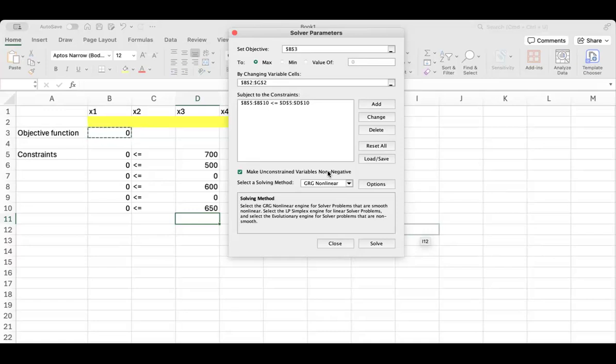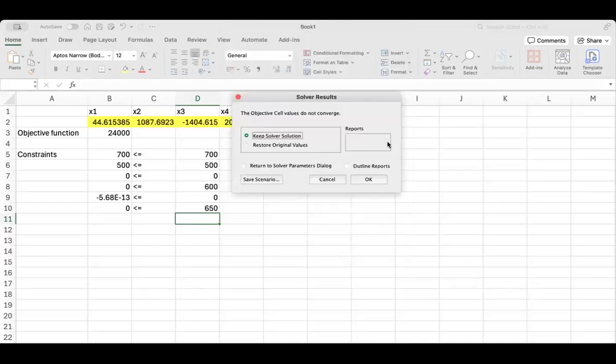And for the solving method, because our problem is linear, we select Simplex LP. LP stands for linear programming. Okay, we select Simplex LP, then we solve.